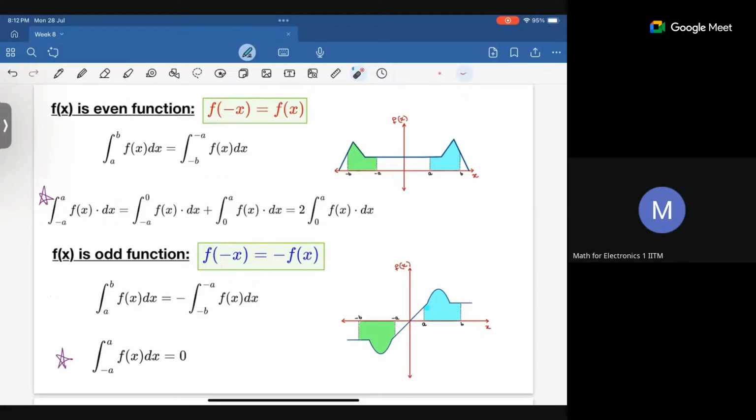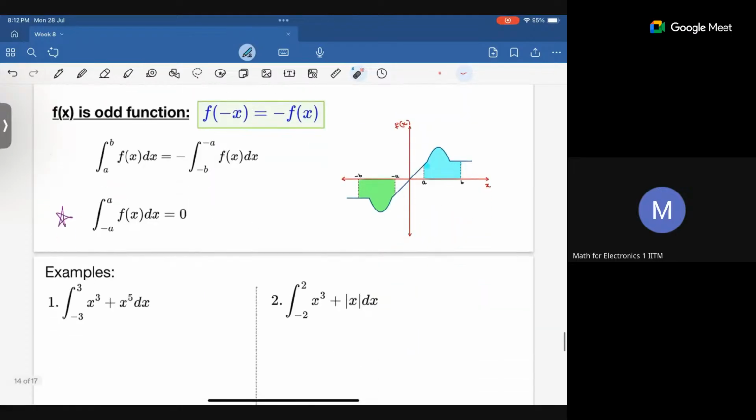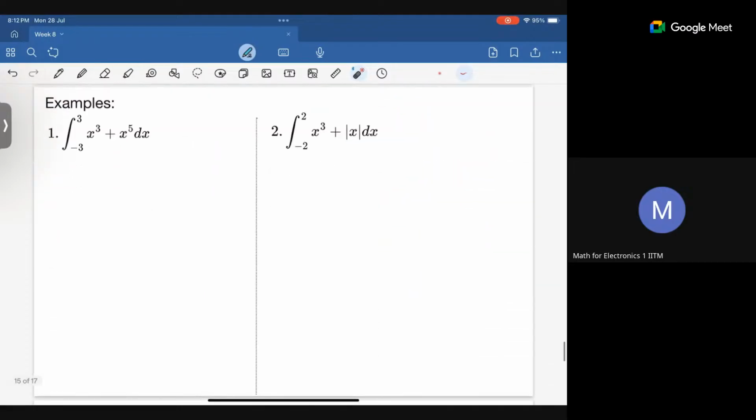So both will cancel out and the result will be 0. A nice result to cherish. These are properties we can use to reduce the complexity in solving. So we'll quickly do a couple of problems to get a sense of the properties.